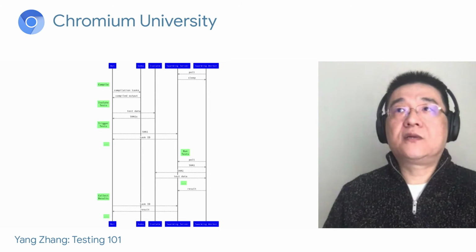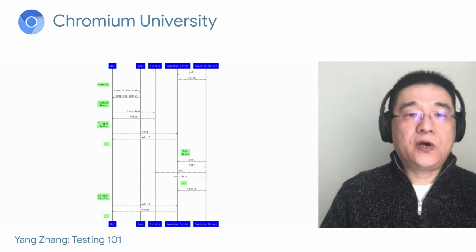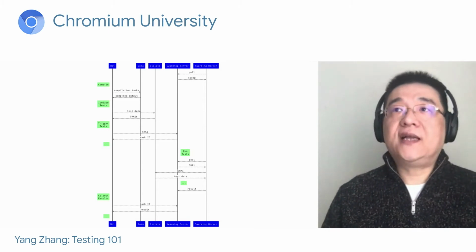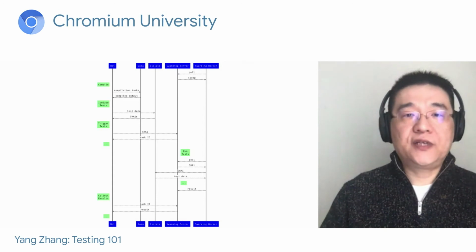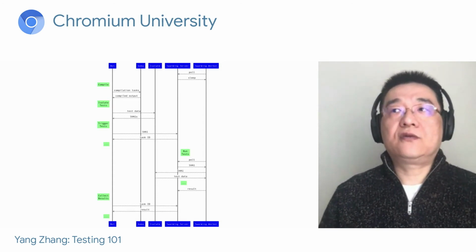Goma is a system that gives the compiler outputs back to the bot. Then the bot gives the test data to isolate, which hashes it and gives it back to the bot. The bot triggers the test, giving the hashed test ID to the swarming server, which then runs the test.